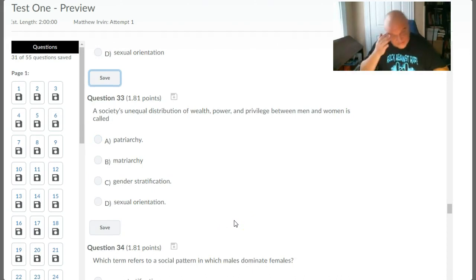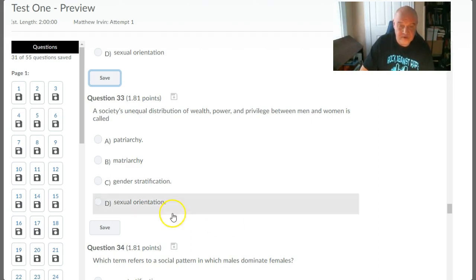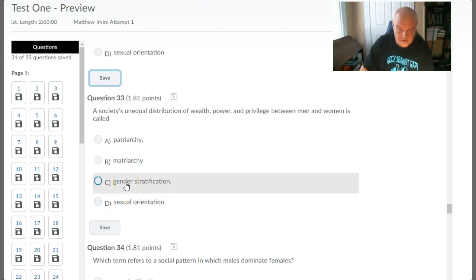Question 33. A society's unequal distribution of wealth, power, and privilege between men and women is called C. Gender stratification.